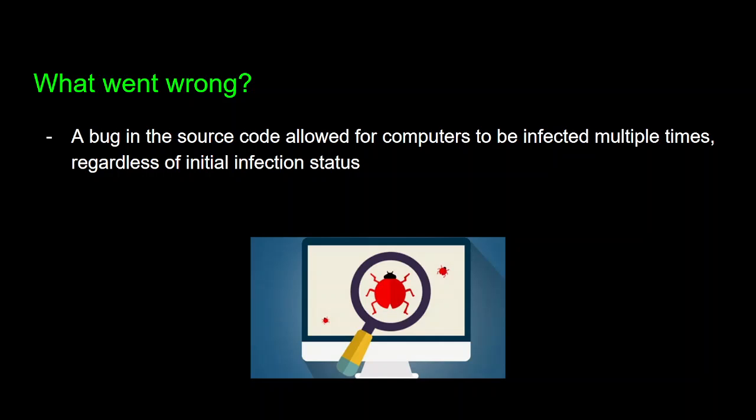So although Robert Morris did not intend for the worm to cause any real damage, the issue that led to those unintended consequences of the worm was because of a bug in the source code of the worm, which allowed for computers to be infected multiple times, even if they were already initially infected.